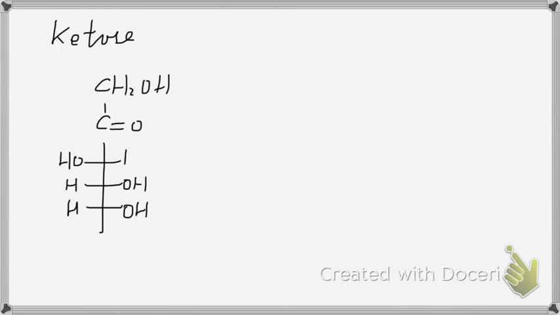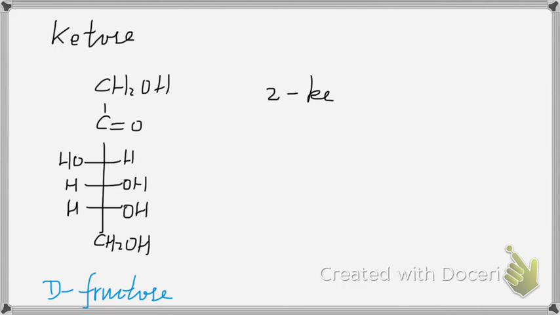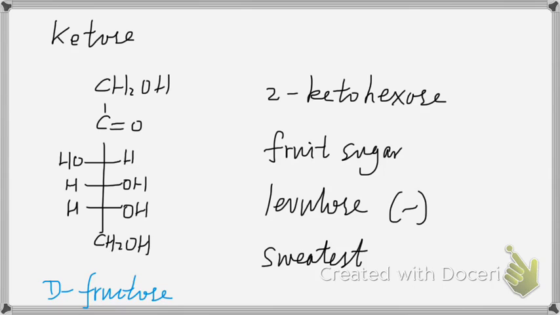Next, we will take a look at a ketose. This is D-fructose. It's a 2-ketohexose, which means it has 6 carbons, but it has a ketone functional group on carbon 2. Fructose is also called the fruit sugar or levulose, as compared to dextrose.